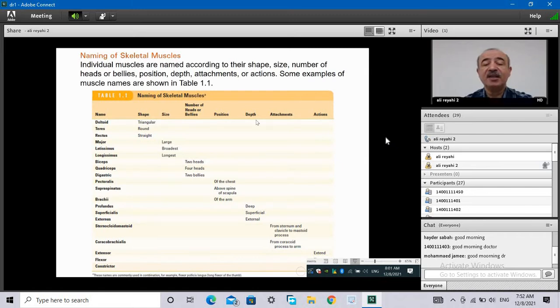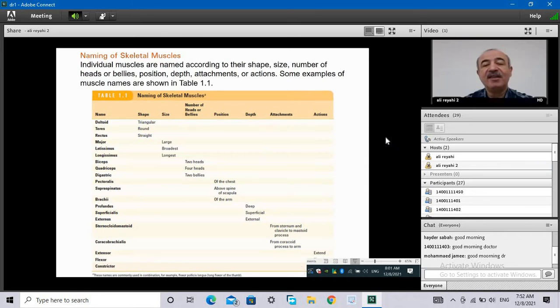According to the superficial or deep position of the muscle, we can name the skeletal muscle. For example, superficial flexor and deep flexor, or for example external and internal muscles, external oblique, internal oblique, involving the abdomen. Okay. The other factor is attachment.